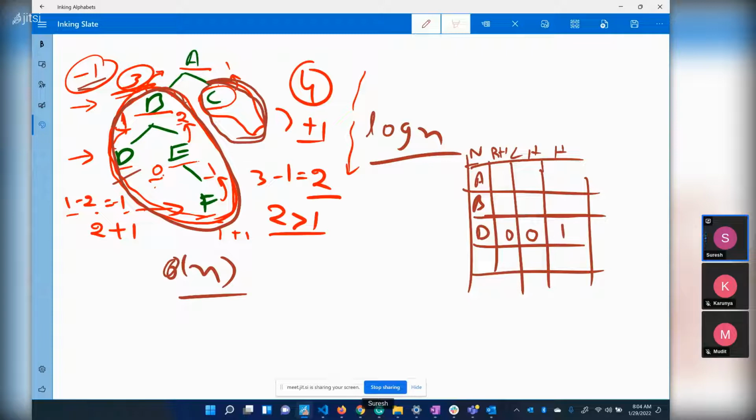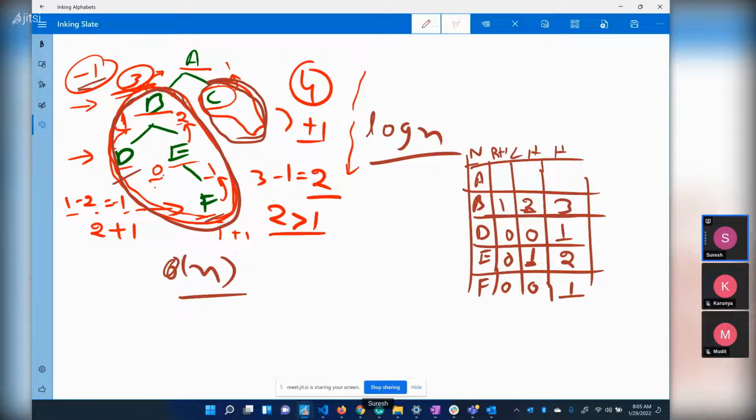Once we got the 1, here left subtree height is 1, and the right subtree height becomes E. We need to calculate E. So E comes here, left subtree 0, and we want to calculate the right subtree, and that becomes F here. F left subtree height 0, right subtree height 0, and the total height becomes 1. And we got 1 here, and E height is 2, and we got 2 here. So maximum is 2 plus 1, 3.